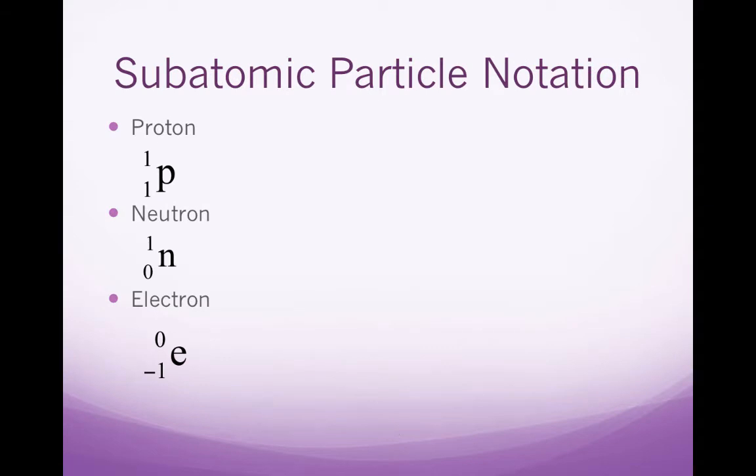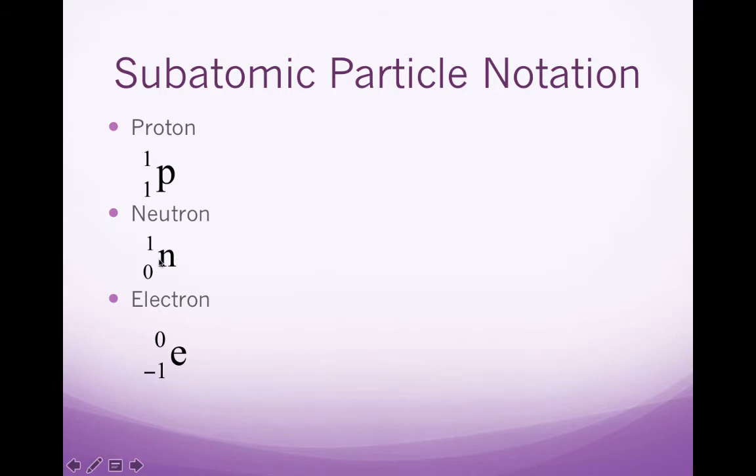And here's some subatomic particle notation. So we also will write subatomic particles in the same type of notation when we're writing these nuclear equations. So for a proton, we have this P, 1, 1, which makes sense, right? It has an atomic number of 1 because that's the number of protons, just 1, and then it has no neutrons, it's just protons, so this should be the same 1.